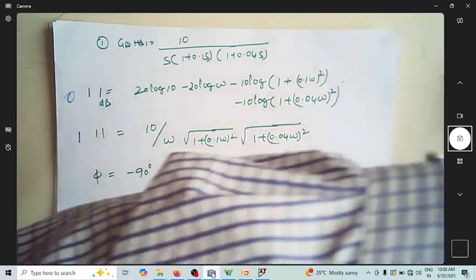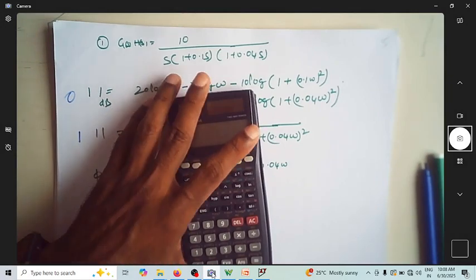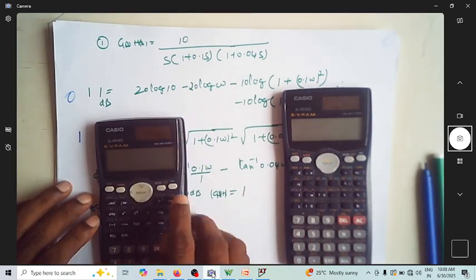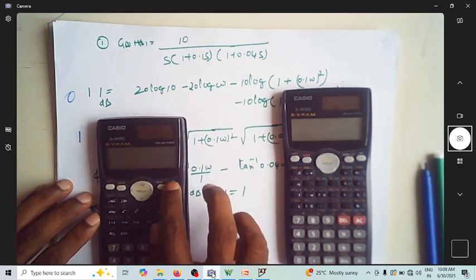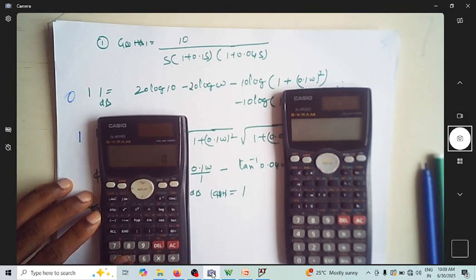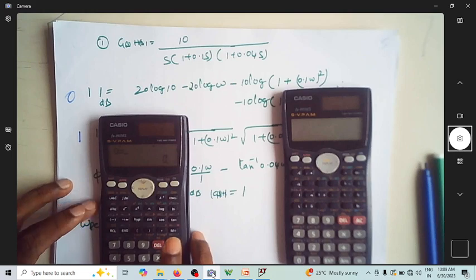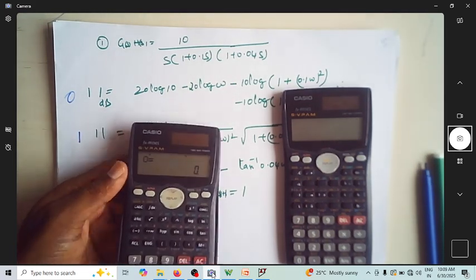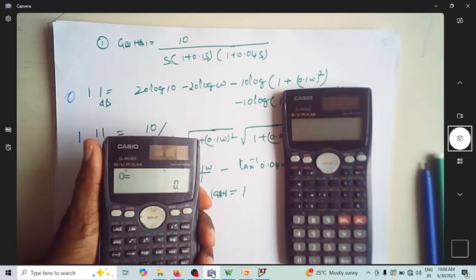So let me use two calculators, one for dB and the other for the magnitude as it is. So let me just type the dB one. Now let me make the orientation such that it is visible.